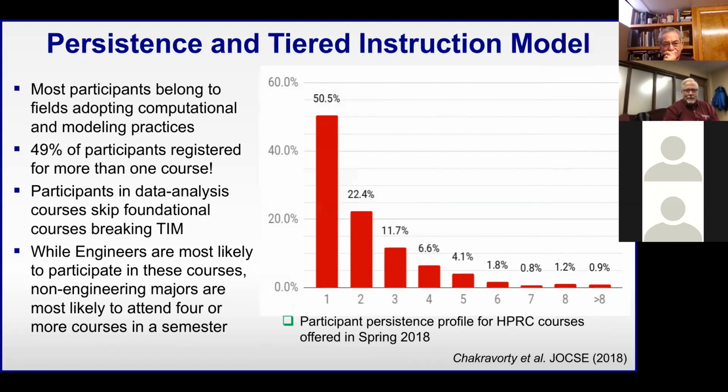This is an interesting graph. The biggest observation is that at least half the people go on to take another class, which is good. That indicates that somehow we're creating an environment where people want to take more classes.